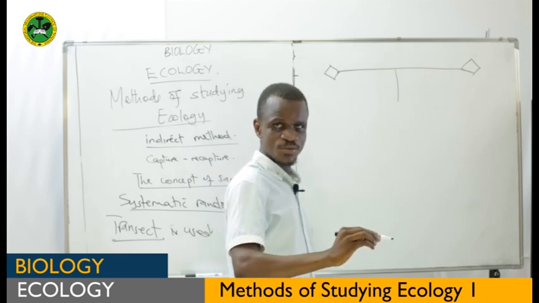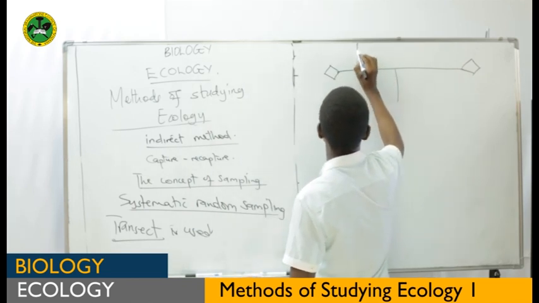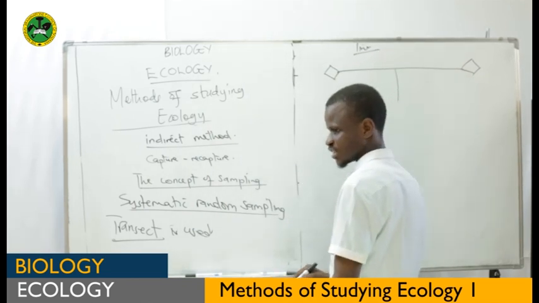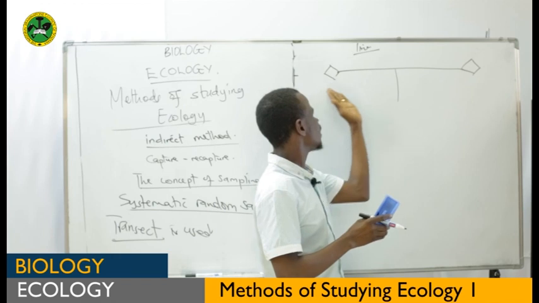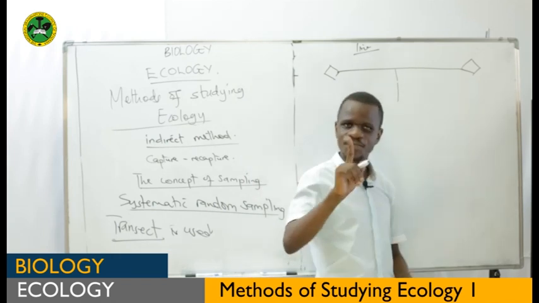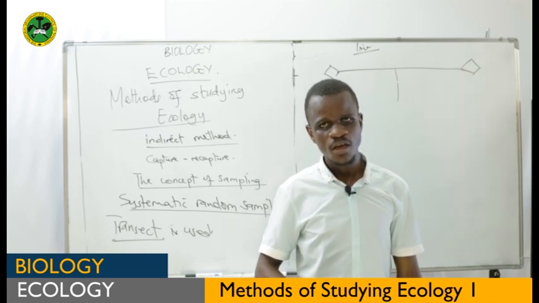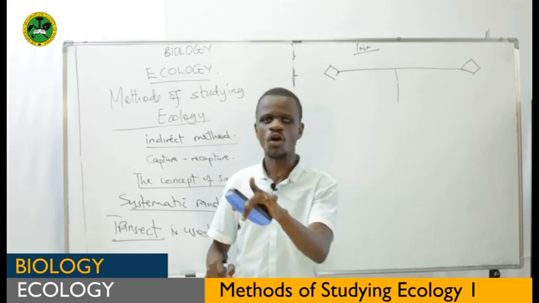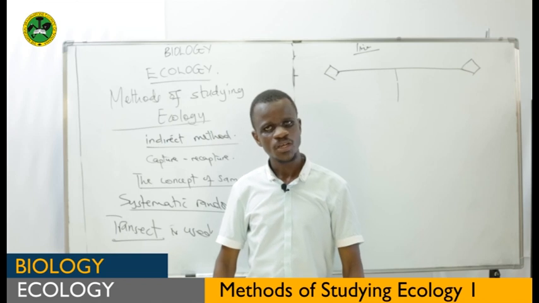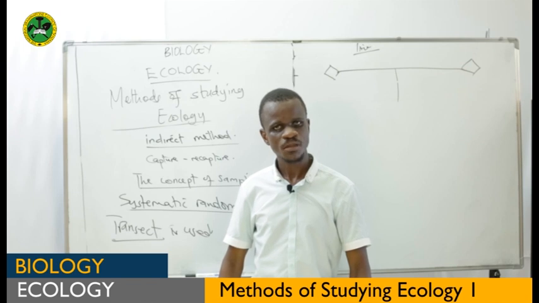Are you following, my student? Therefore, a string which is placed here will form a line. This is called a line transect, connecting this point and this point. Then the sampling will be taken along this line, but at a defined interval. Hope you are following. Therefore, in systematic random sampling, you must have a defined interval. You must have a starting point. Student, are you following?